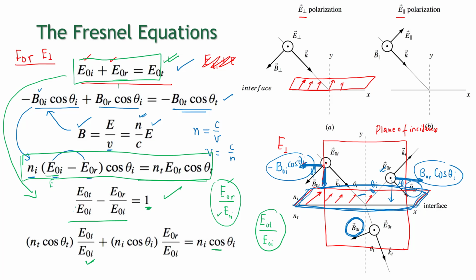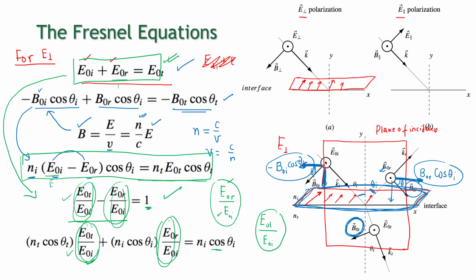Now we have these two equations in terms of the variables that we wanted. We want to get this one and that one. So we have two unknowns and two equations, and we need to solve those two equations.